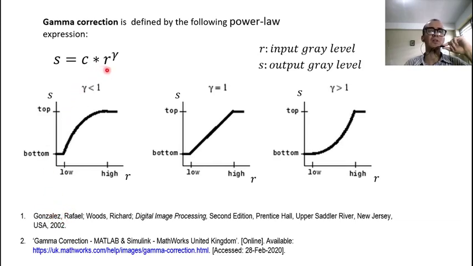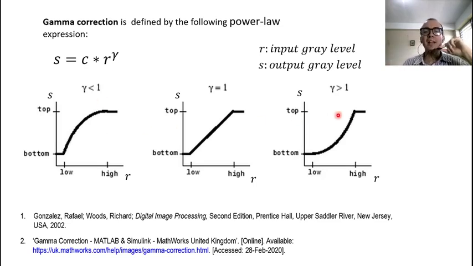R is the input image or the input gray value, and S is the output image we desire. C is a constant that could be equal to 1. Gamma is the parameter we are going to modify in order to achieve certain effects on the image.